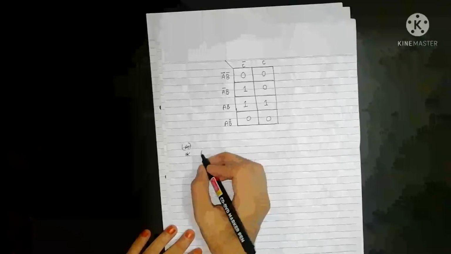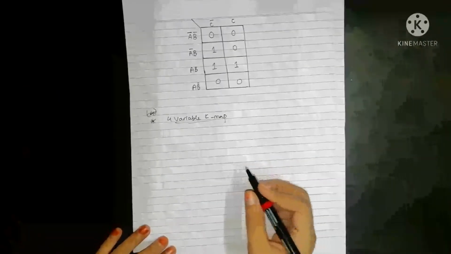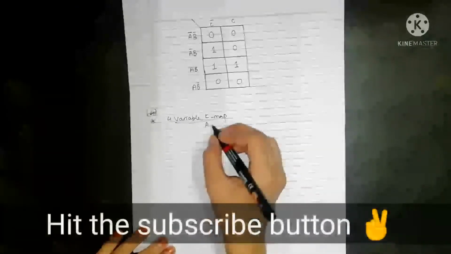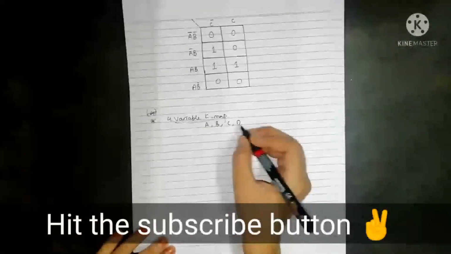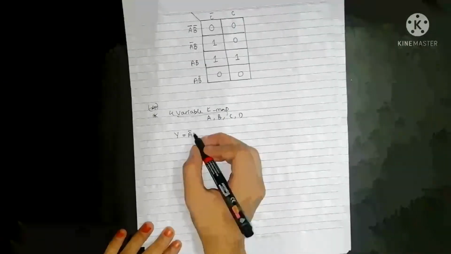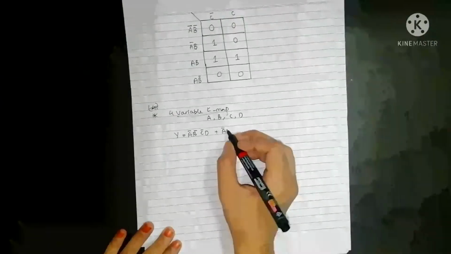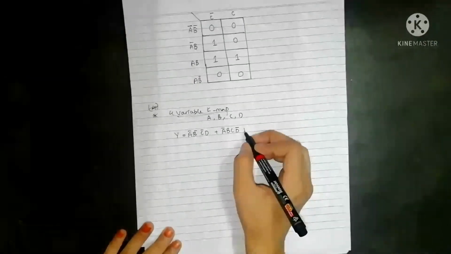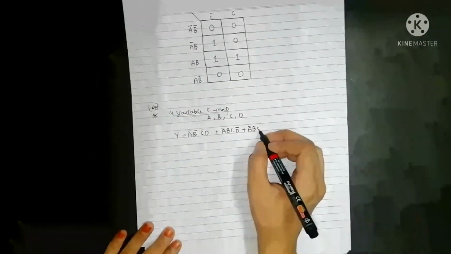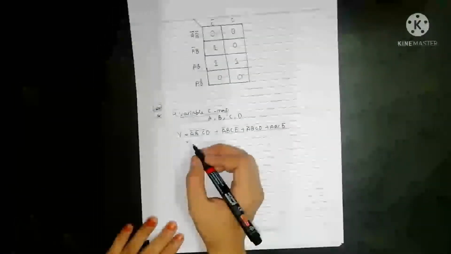Next we will see how to construct a 4 variable K-map. My 4 variables are going to be a, b, c and d, and the equation is given as y is equal to a bar b bar c bar d plus a bar b c d bar plus a bar b c d plus a b c d bar. Write down the values.